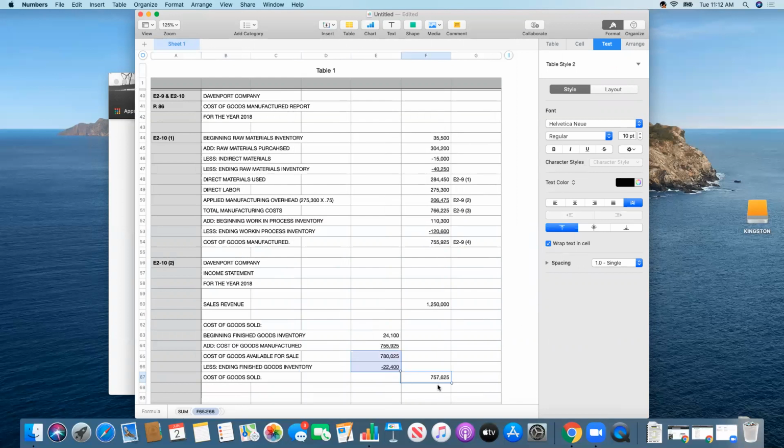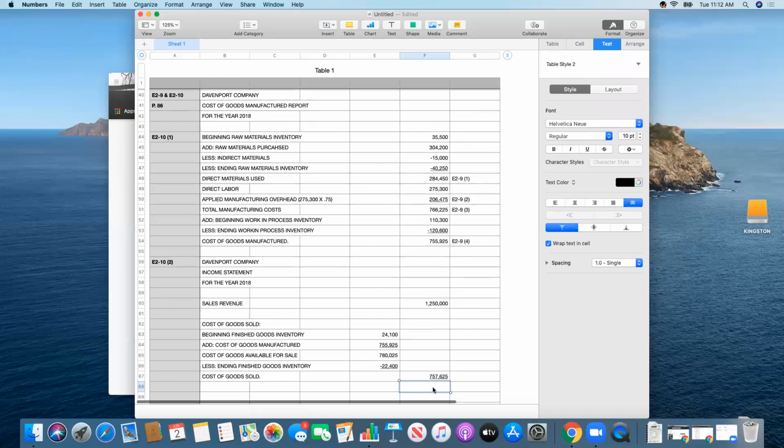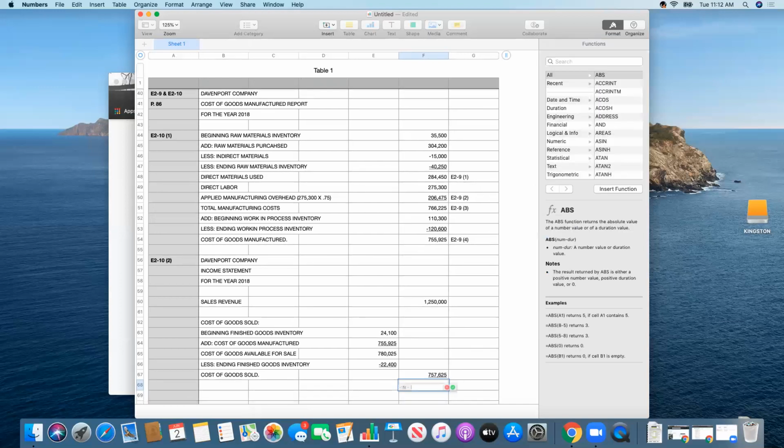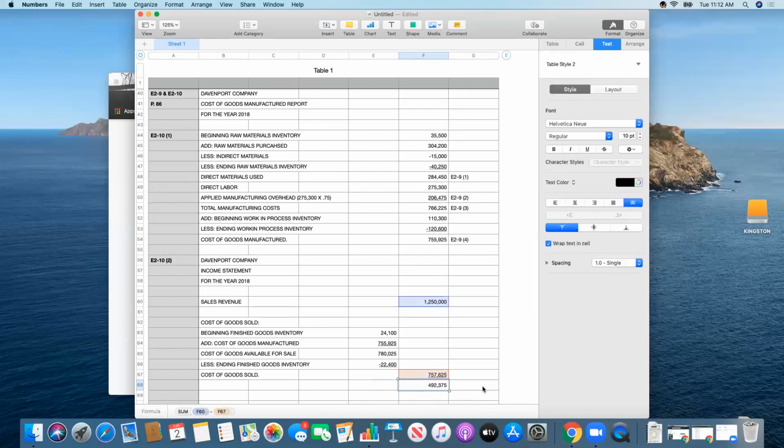Okay. So now we want to subtract the cost of goods sold from sales. We get 492,375.